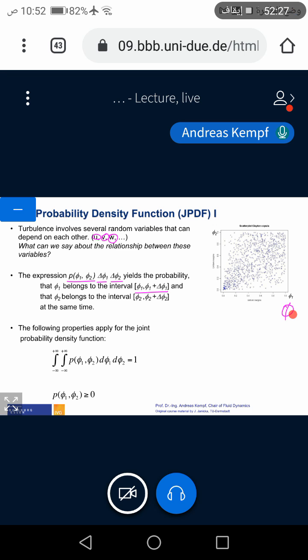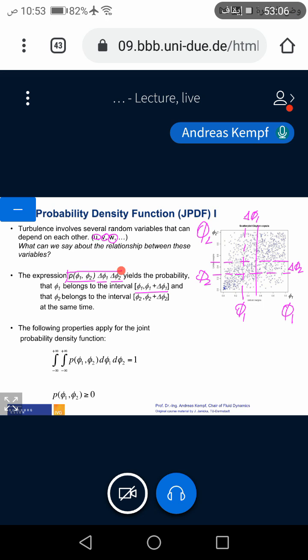So what does this mean? Here we have a quantity phi 1, quantity phi 2. Here we choose a certain phi 1 of interest. We choose here a phi 2 of interest, and we have an interval of height delta phi 2 and an interval of width delta phi 1.